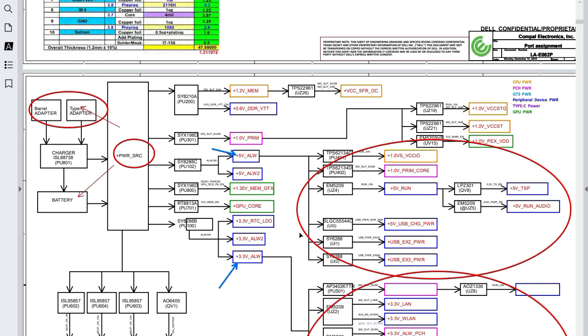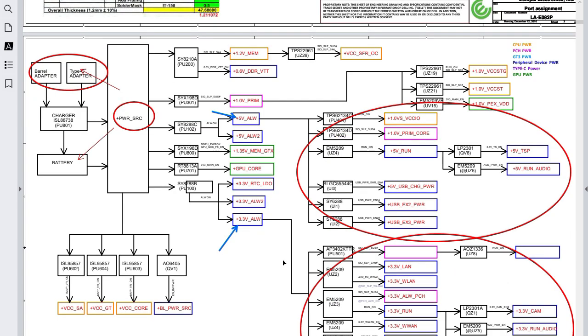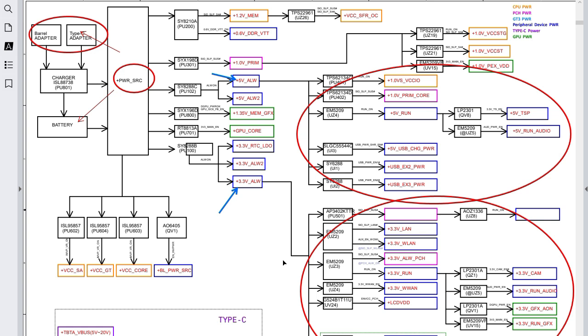This is why I want to manifest for you the importance of these two voltages that we consider main voltages.